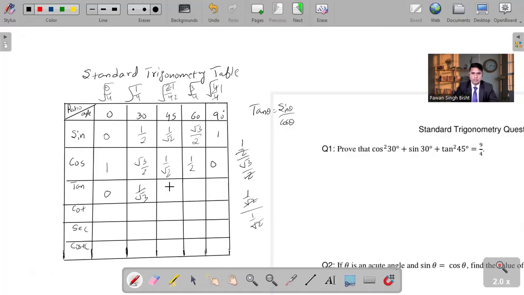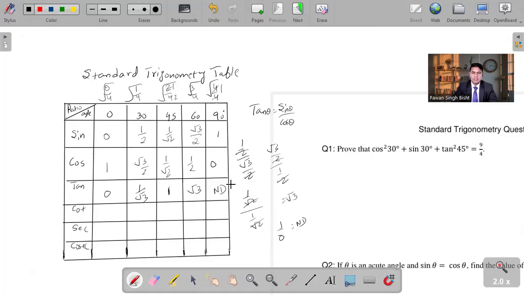Root 2 cancels, so 1. Then for 60, root 3 upon 2 divided by 1 upon 2. The 2s cancel, so it's root 3. And for 90, 1 upon 0. 1 divided by 0 is not defined. ND, not defined. So we got the values of tan.